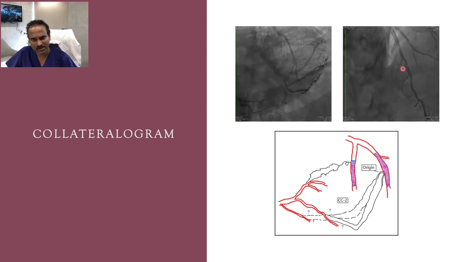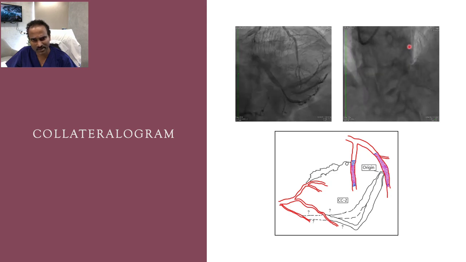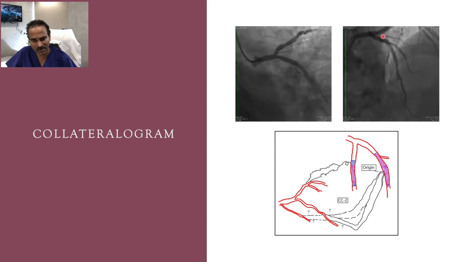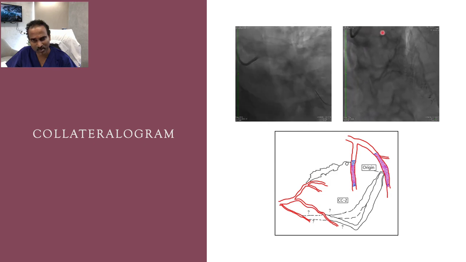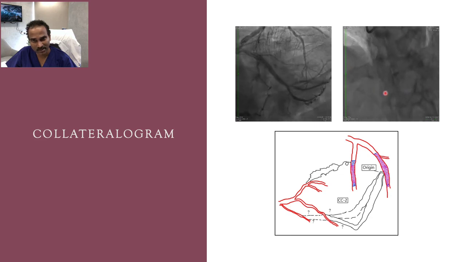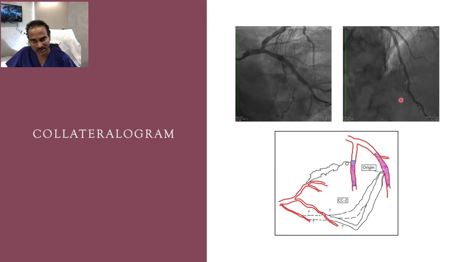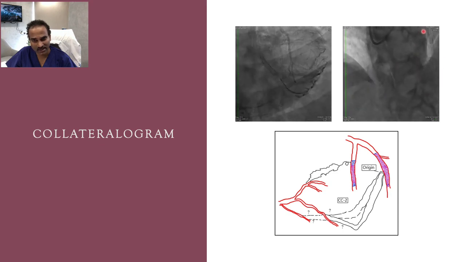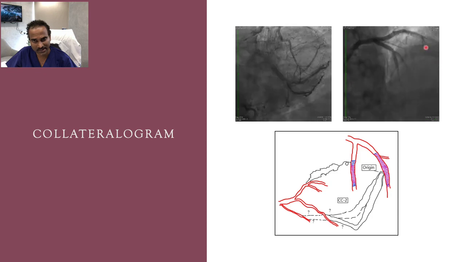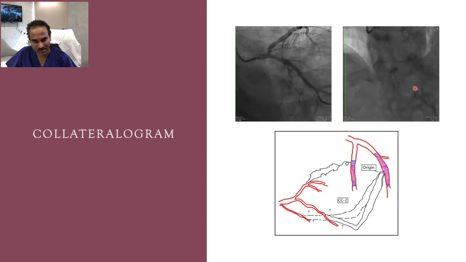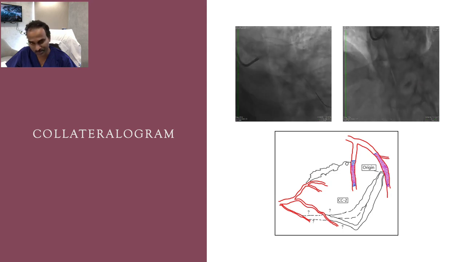And septal collaterals: the first septal collateral is cranial in course after origin, so the entry point is a little bad, but the exit is okay. But we are not able to make out into which branch it is opening. And the second collateral, the entry is good, the entry angle is good, and also the exit angle, but into which branch it is opening is not clear.